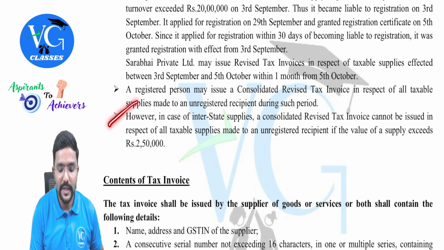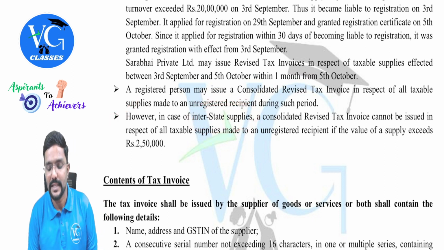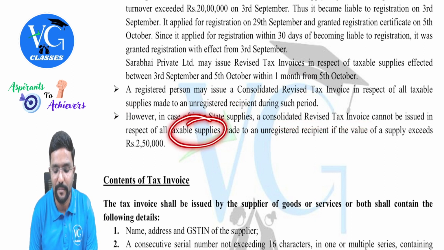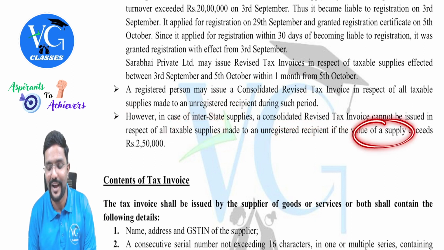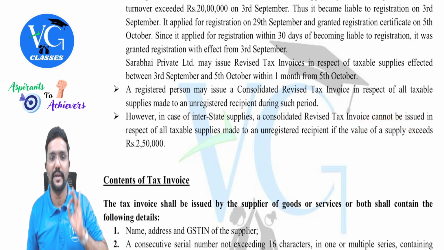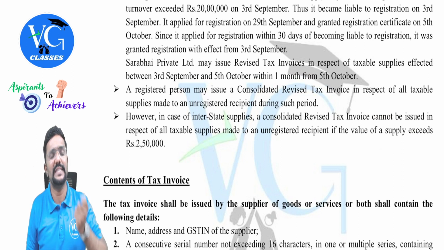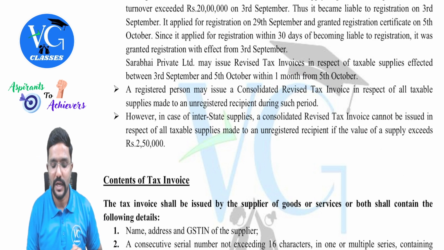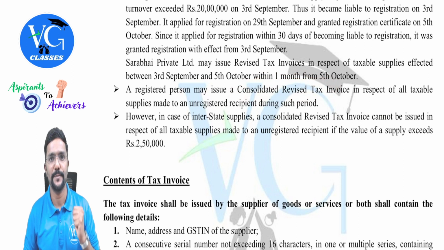However, in case of interstate supply, a consolidated revised tax invoice cannot be issued in respect of all taxable supply made to an unregistered recipient if the value is more than 2,50,000. So, whenever there is a supply between this intervening period, if it is intra and if the recipient is unregistered, irrespective of the value, you can issue consolidated revised tax invoice.